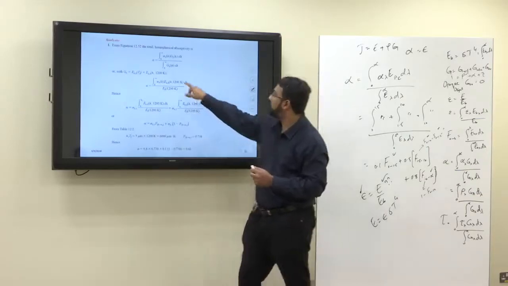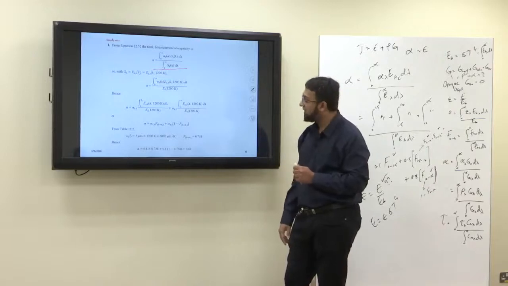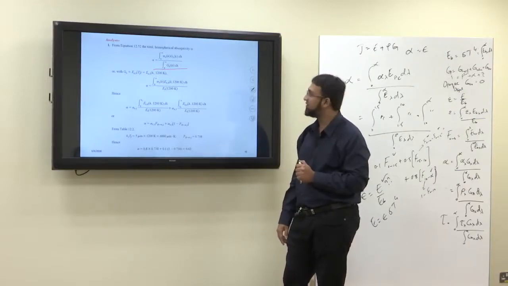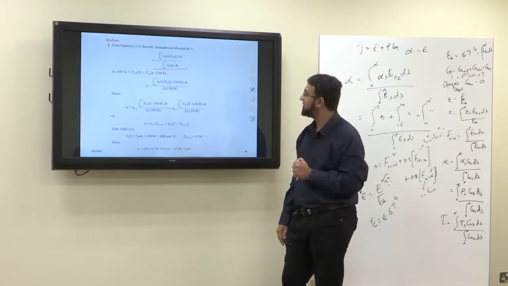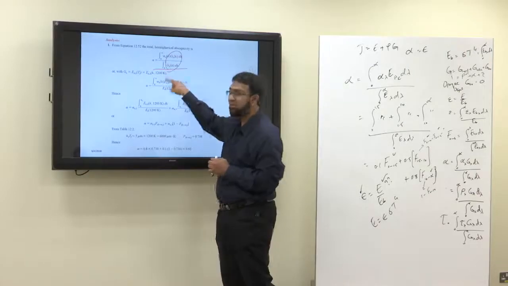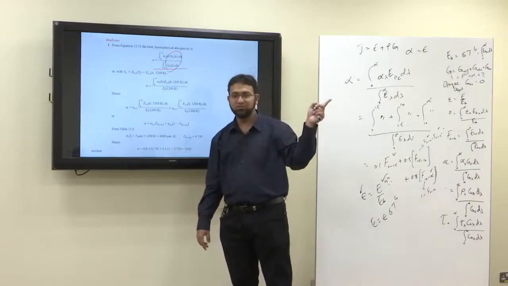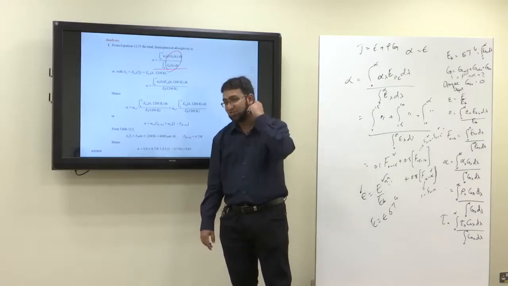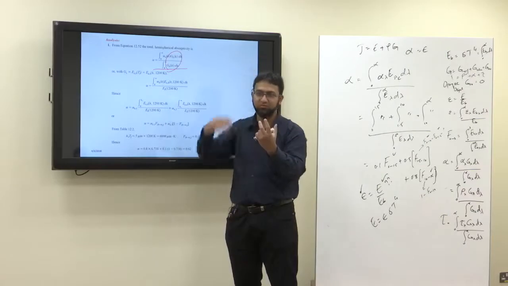So for alpha, this is the main formula. Alpha is equal to the integral from 0 to infinity of alpha lambda G lambda d lambda, upon the integral of G lambda d lambda. But this G will be what? This G, the irradiation on the ball, will be equal to E of the walls, the emission of the walls.